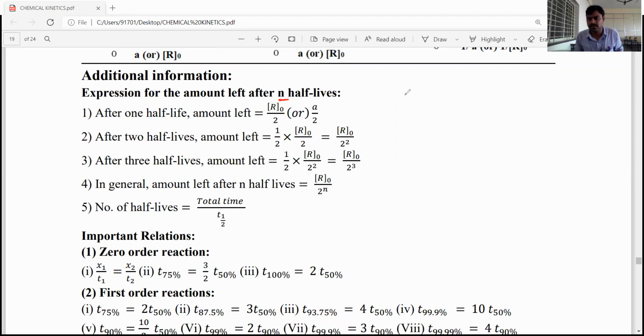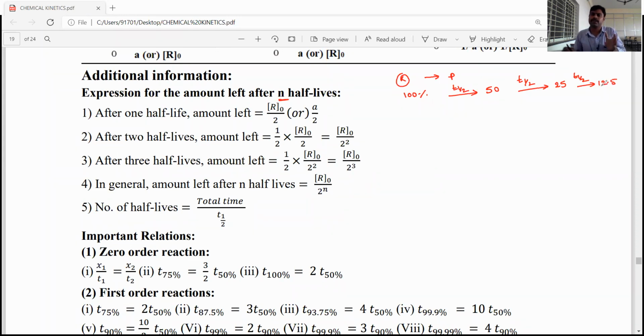For example, you have to take 100% of the reactant. In a chemical reaction, reactant is converted into product. Initially the reactant is 100% present, then after T half it becomes 50%, dear students. Again it undergoes another half-life period and it becomes 25%, and again after another half-life period, it becomes 12.5%.